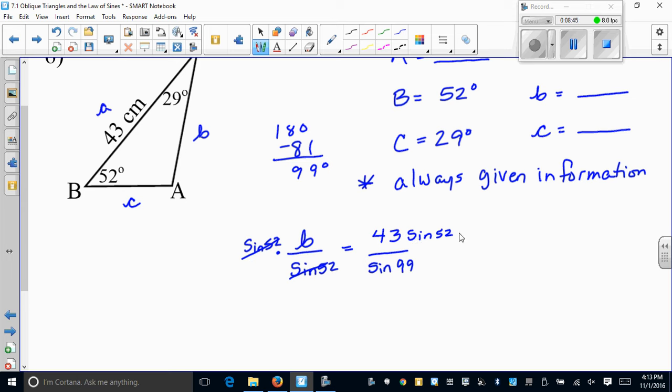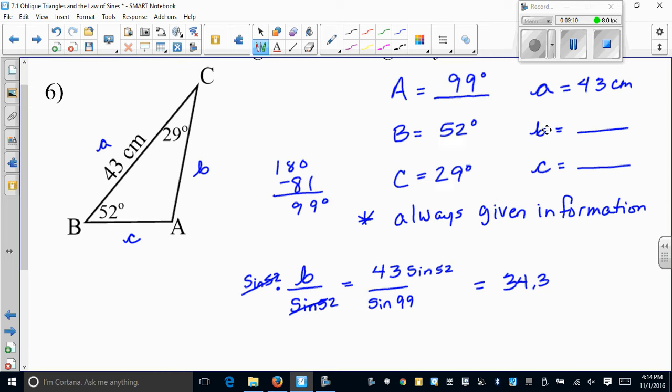So I'm going to get B is equal to, after we throw it into the calculator, 34.3 centimeters.